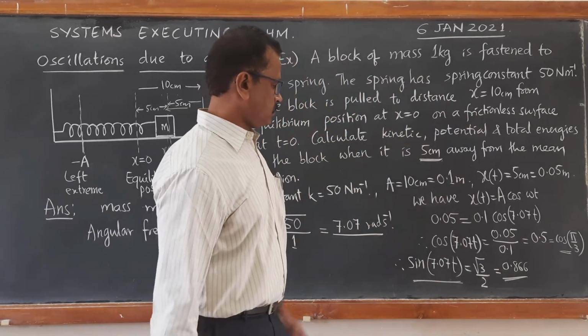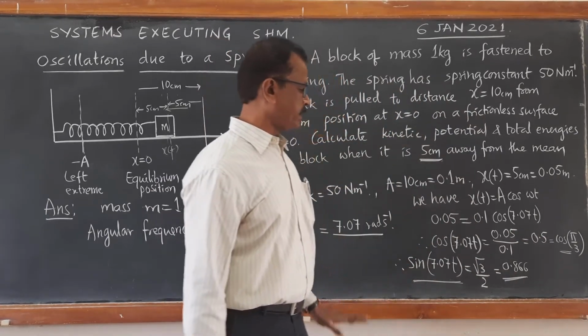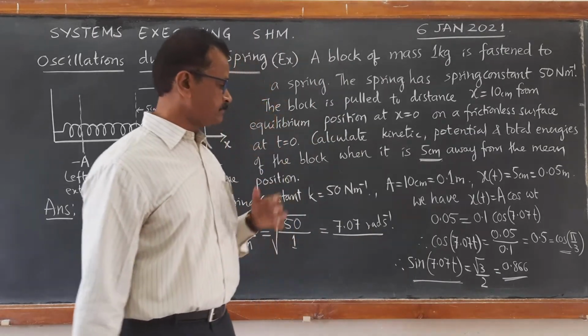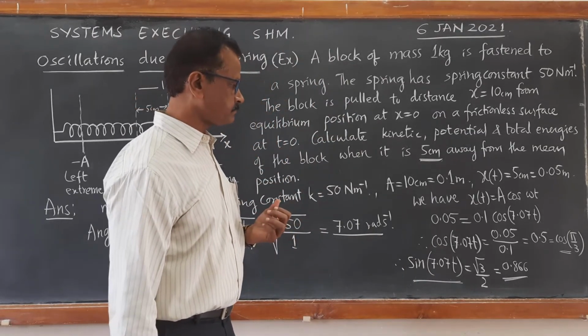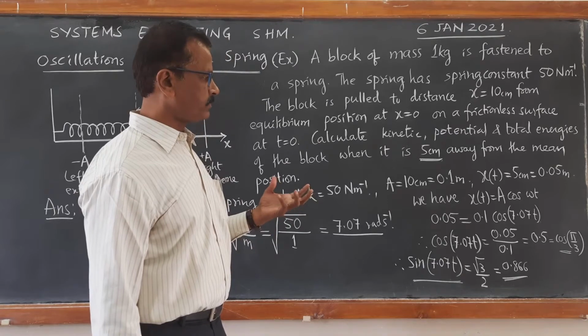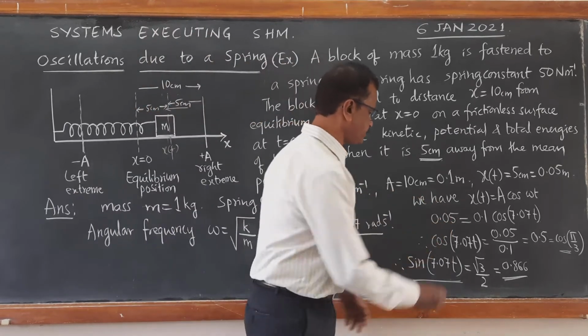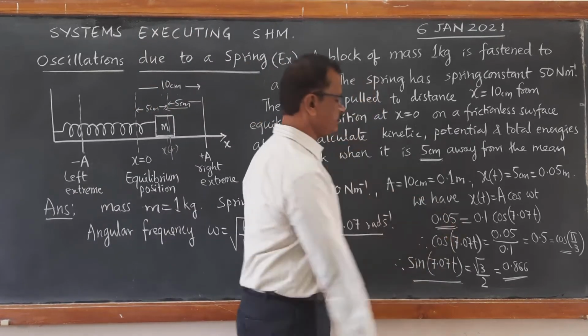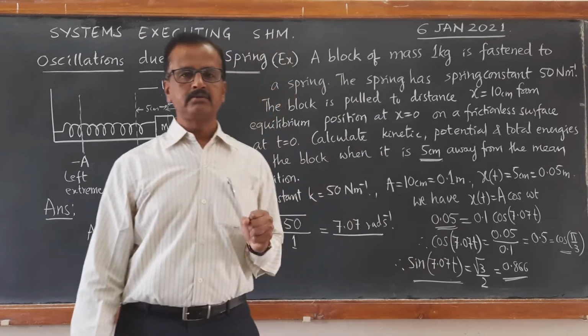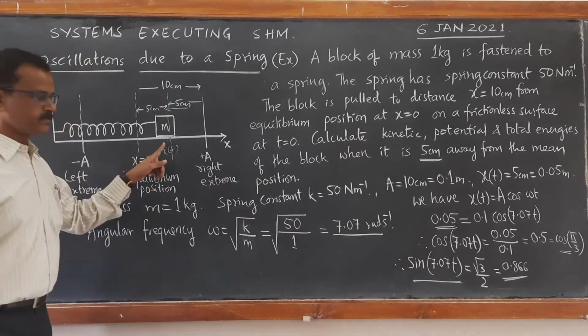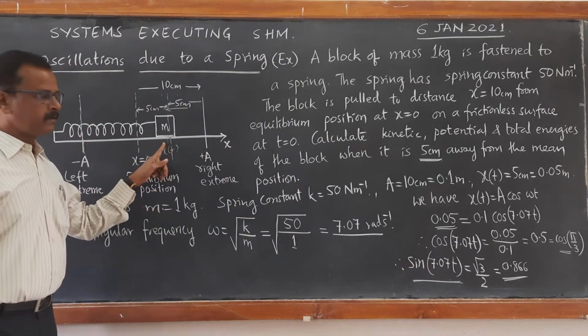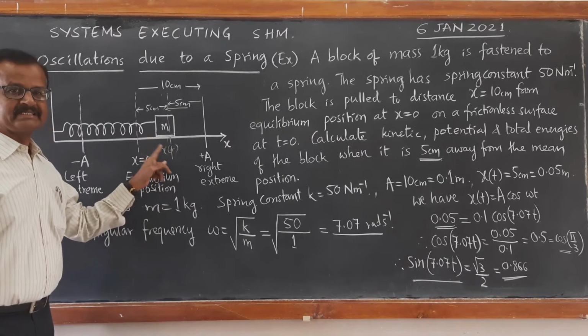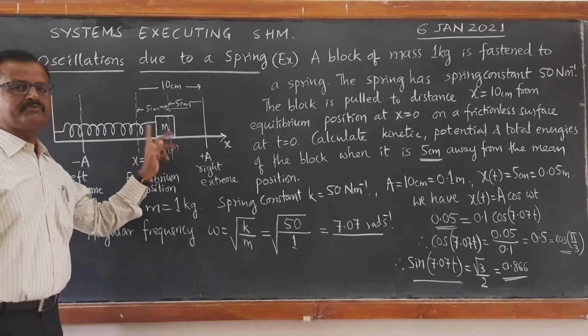Now cos omega t and sin omega t are required to find the value of velocity. We already know the displacement: 0.05, that is 5 centimeter. So at 5 centimeter, what is its velocity? Then we can calculate the kinetic energy. Kinetic energy is equal to half m v square.